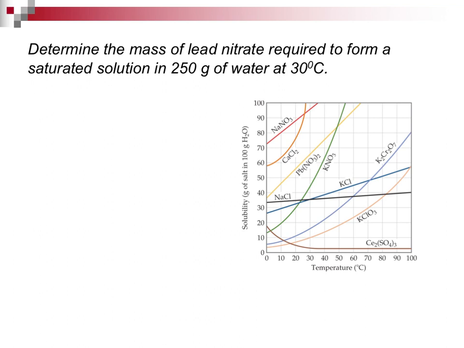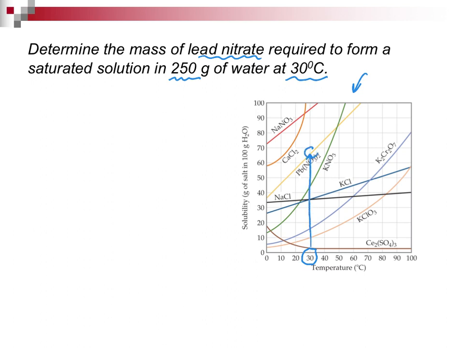And finally, more of a math question. Let's say, hint, hint, that someone on a midterm wants you to say, how much lead nitrate will dissolve in 250 grams of water at 30 degrees. You will be given the chart, and it's the same chart I had in high school, and you all know how old I am. What you want to do is find 30 degrees, because that's what it is, and you want to read up on 30 all the way to lead nitrate.